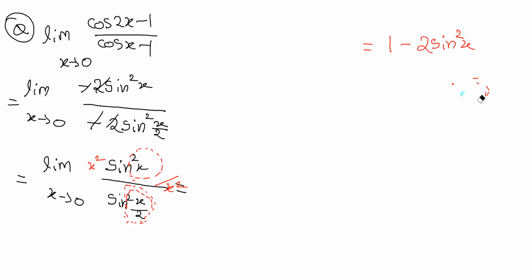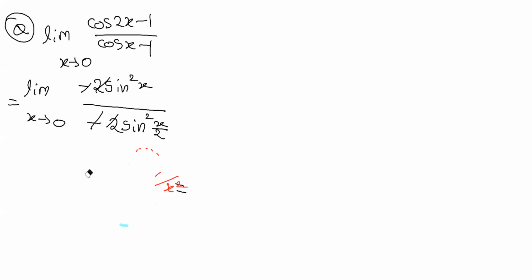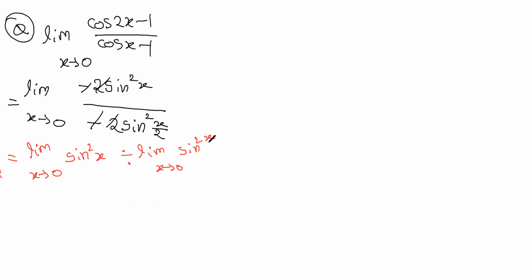Now we will just separate it instead of writing all in one place; after some time you can write it all at once. So it equals limit x tends to 0 of sin square x, divided by limit x tends to 0 of sin square x by 2.